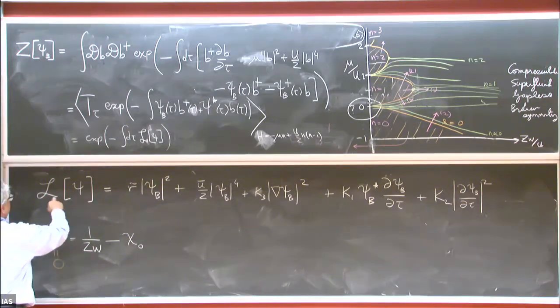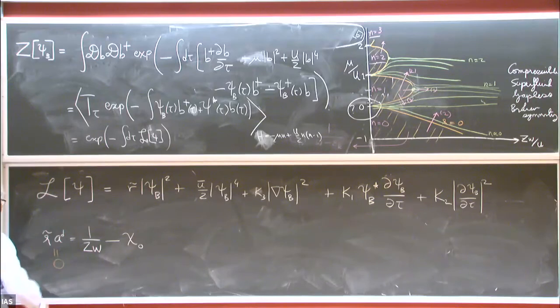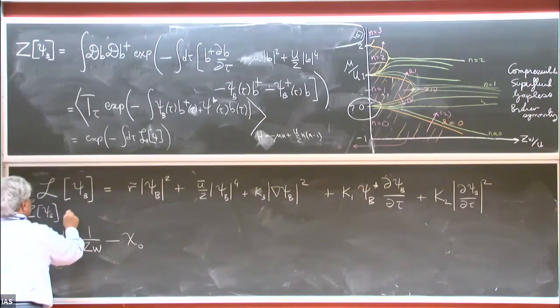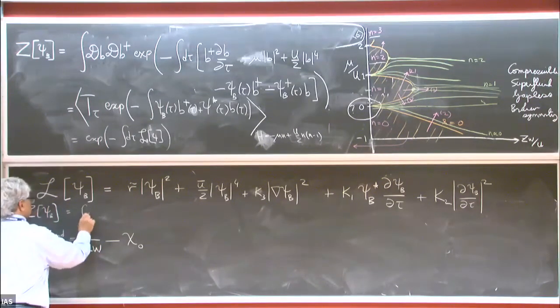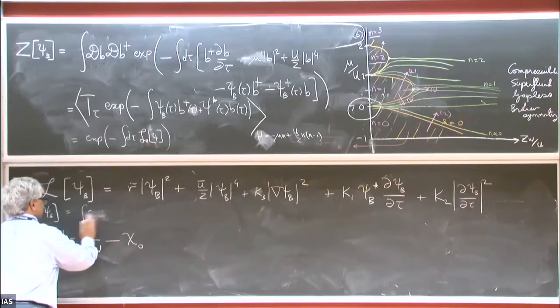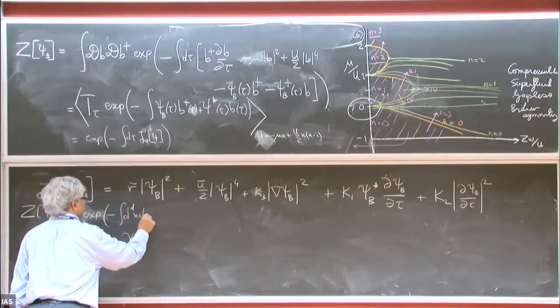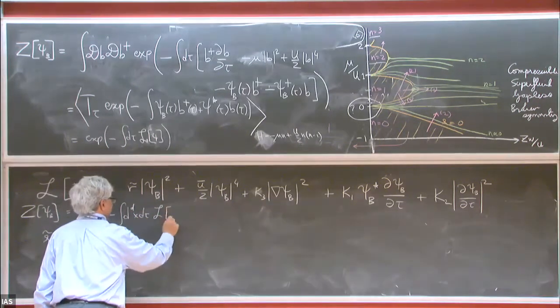Z of psi b is the exponential of minus the integral over space and the integral over time of L of psi b.